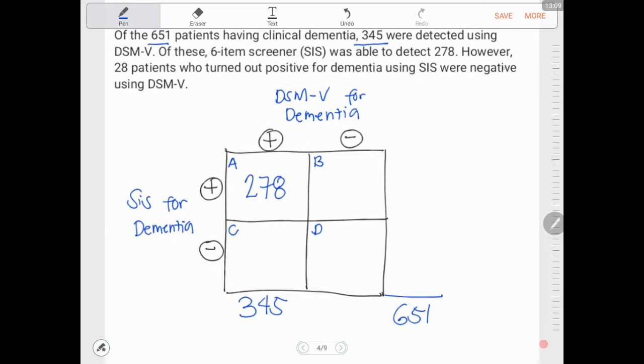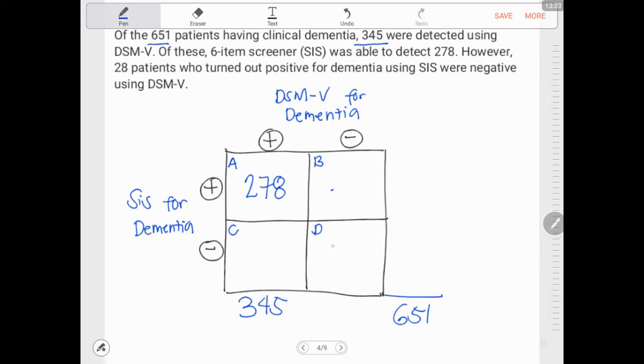Now, however, 28 patients who turned out positive for dementia, so dito daw, the area, those who were positive for dementia, turned out negative using DSM-5. So, saan mo ilalagay ngayon ang 28?